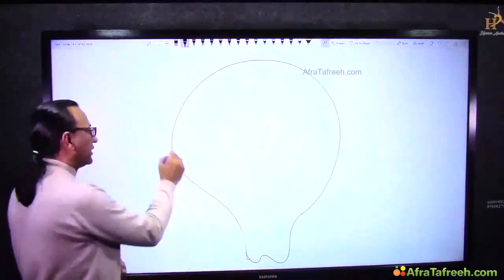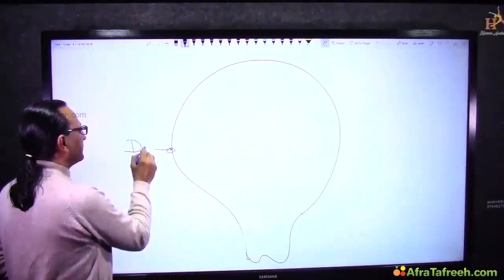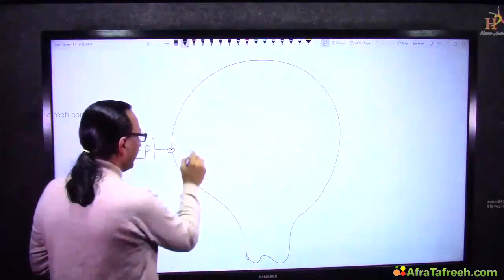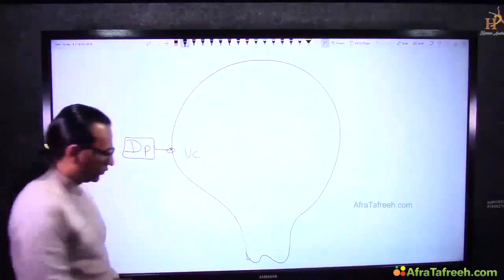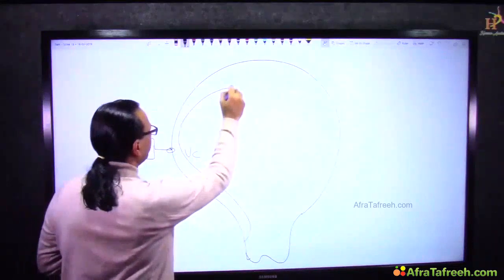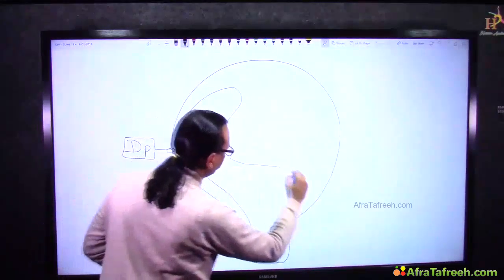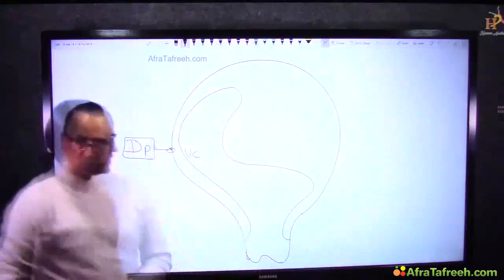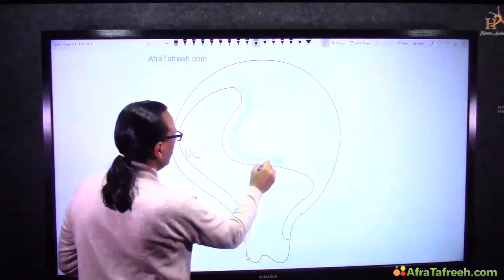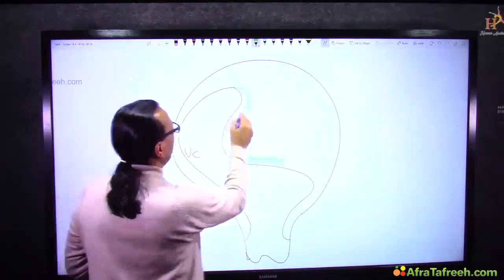And you can mark this as the decidua parietalis, lining the uterine cavity. And you will notice the decidua parietalis, which is lining the uterine cavity, is continuous with one more decidua. This is what we are calling the decidua capsularis.